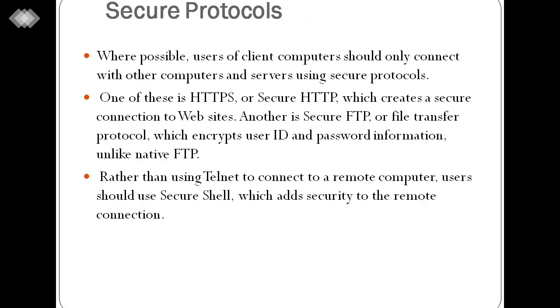Then we learned about secure protocols. These are HTTPS and secure HTTP, which create secure connections to websites. Another secure protocol is FTP, the file transfer protocol, which can encrypt user ID and password information, unlike native FTP.